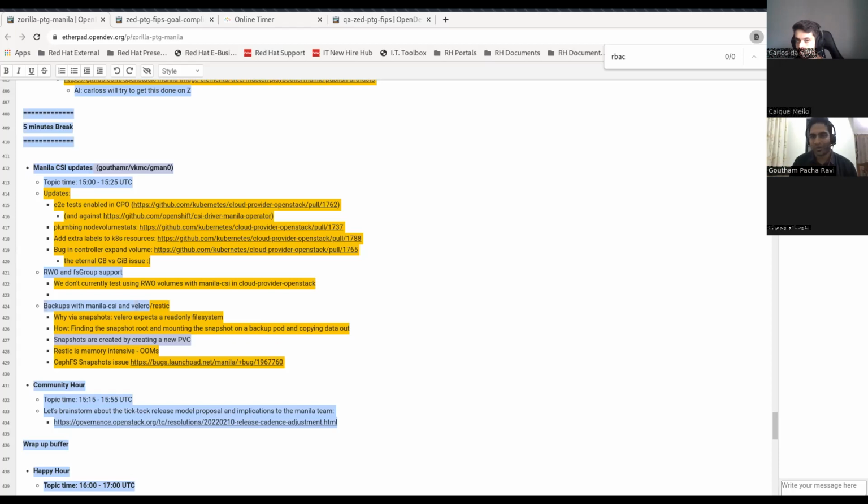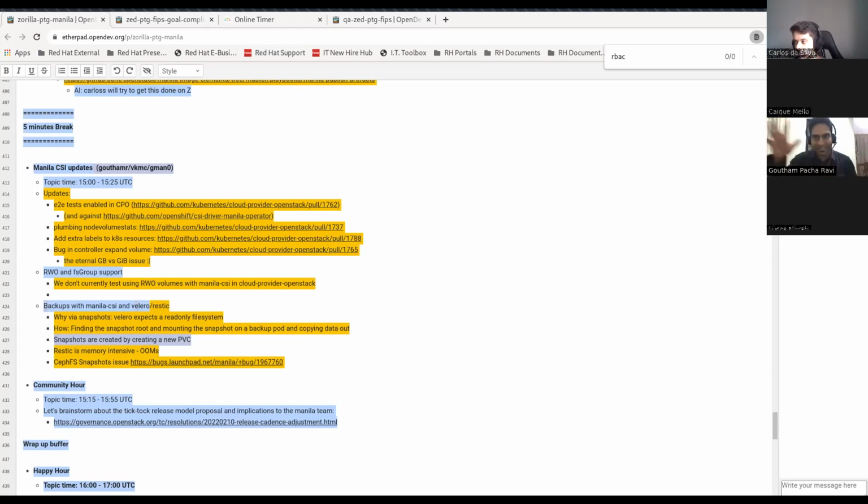So what do we have to do for that with Manila CSI? Well, the thing that's missing is the FS group policy that the CSI driver advertises. If the FS group policy is set to none, then a kubelet will never try to modify these permissions at all.